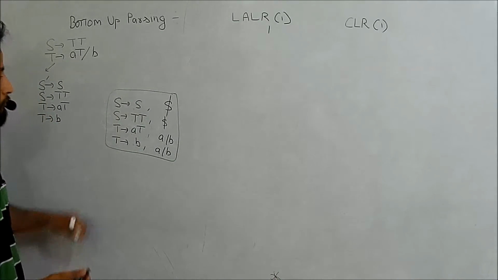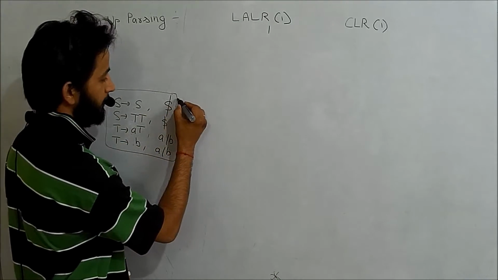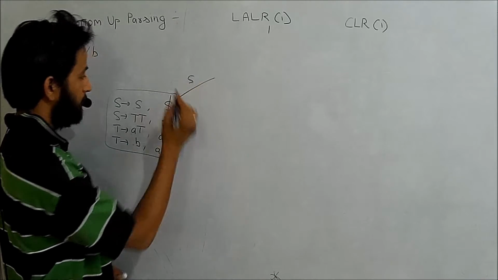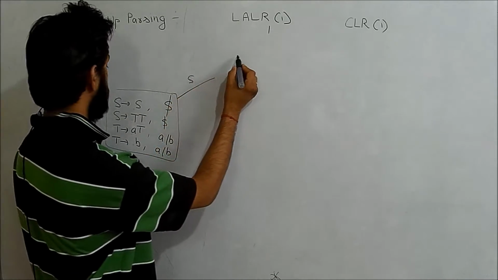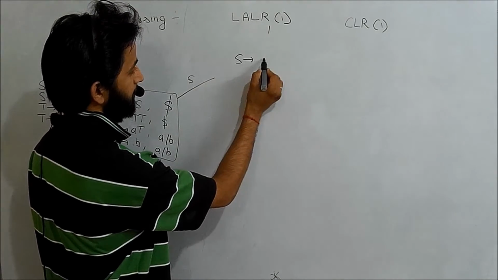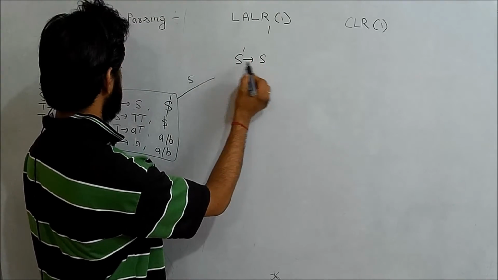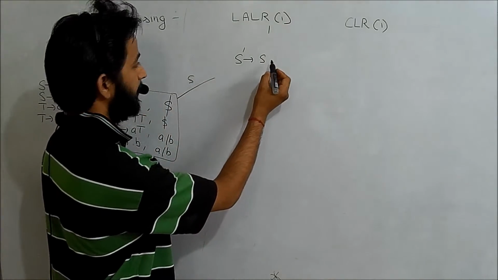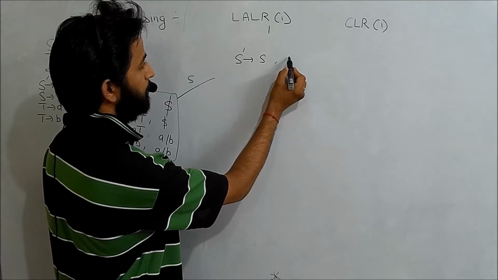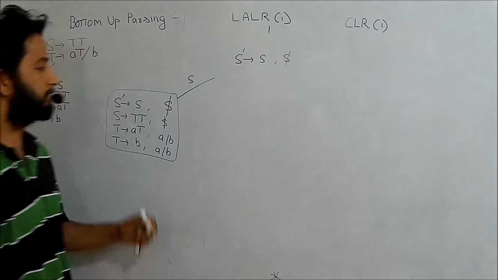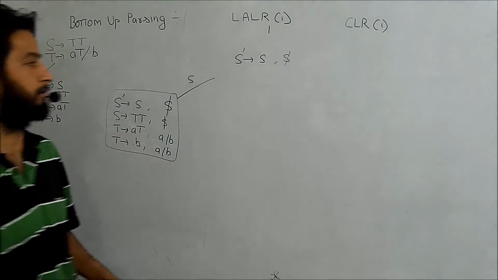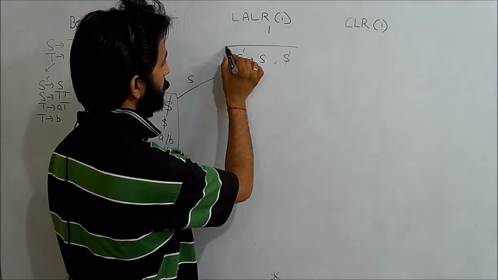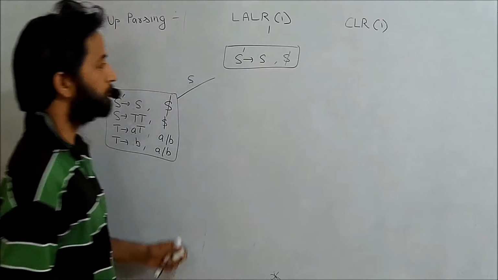So when we move the dot to the right hand side, or we can say goto for S, it will become S' derives S dot, and the look ahead will be the same because the movement of dot will not affect the look ahead.